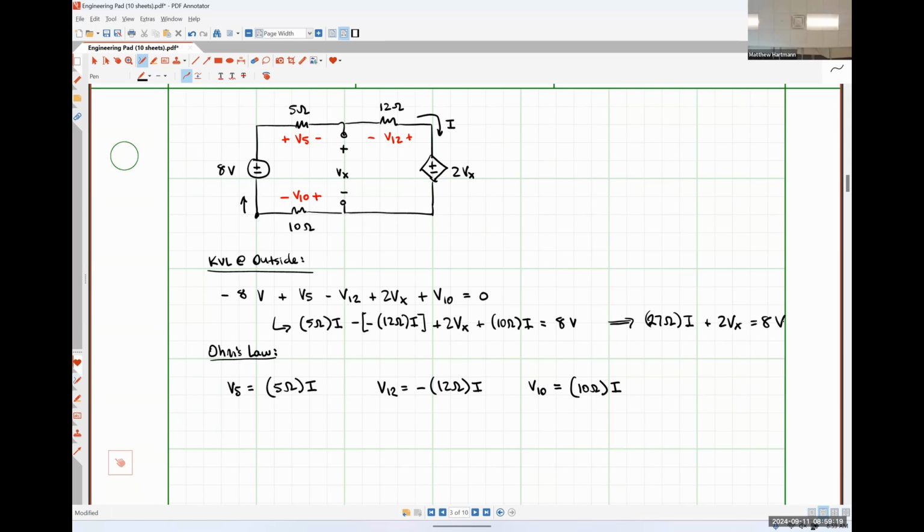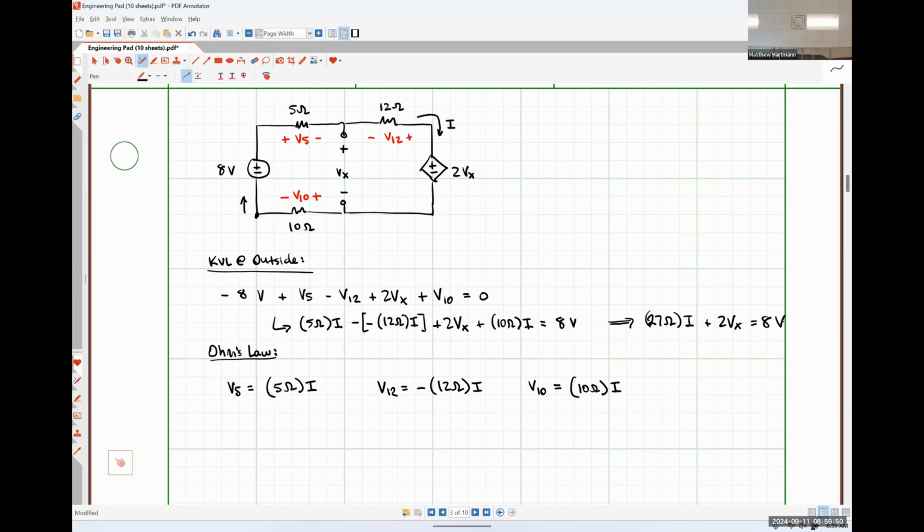Are we okay with the substitutions and the algebra that I've done there? Nothing hopefully too wild or crazy. All right. So Ohm's law got us from one equation with 4 unknowns to effectively one equation with 2 unknowns. So really, now we're just trying to figure out another equation that's going to relate I and Vx so that we can solve that simple 2 equation, 2 unknown system, right?